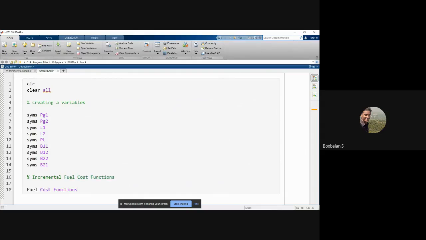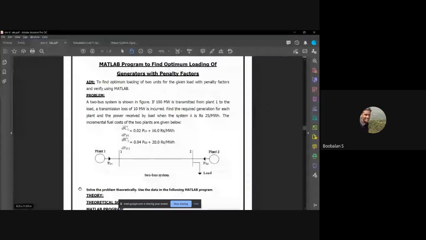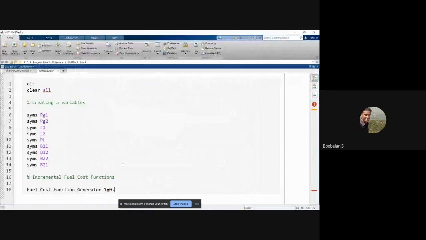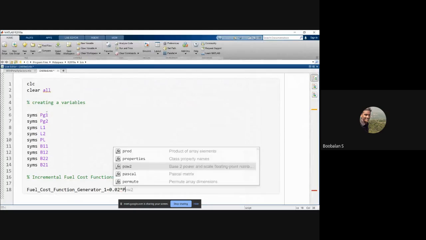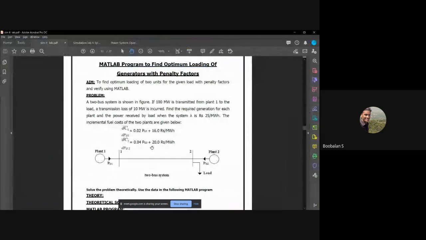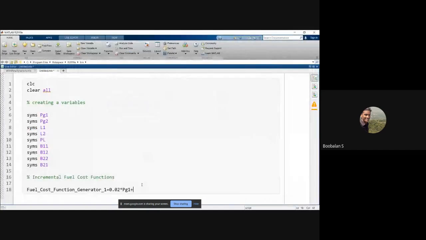We need to use underscores, otherwise it will consider it as a user defined function: fuel_cost_function_generator_1. Then you can easily understand what we have given. Generator_1 is equal to 0.02 into capital PG1, a variable we already created, plus 16.